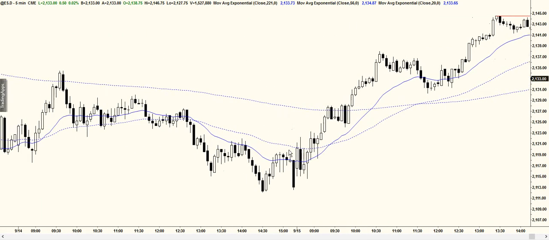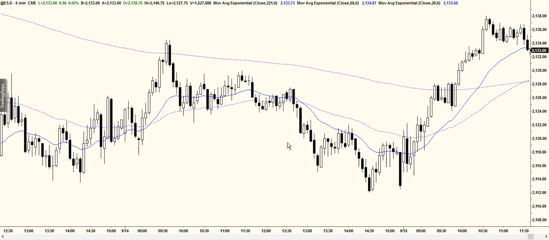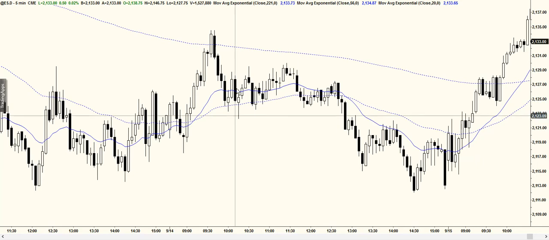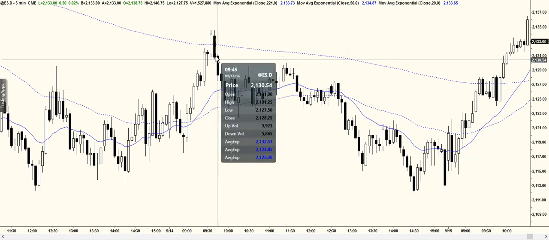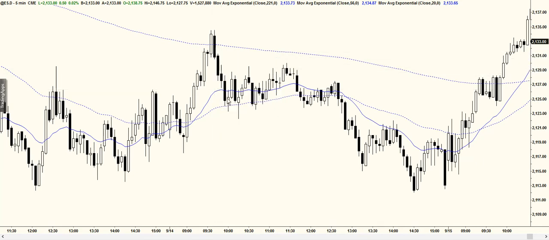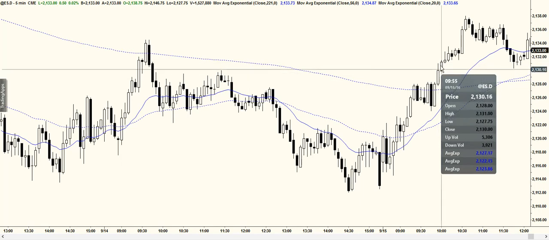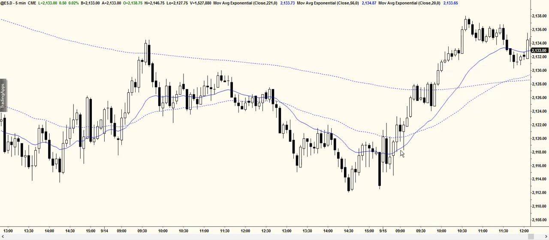So let's find an example. It's like buying as this is happening. It's going to be really hard to make money. Now, obviously, if you bought down here, you could have made money, but if you're selling during these bars, it's going to be very difficult. Therefore, you should only look to buy at that moment.